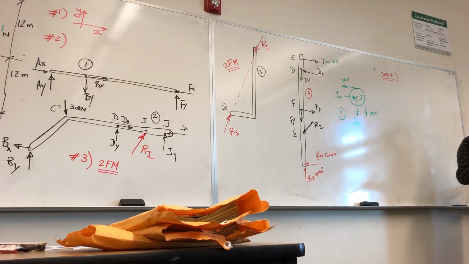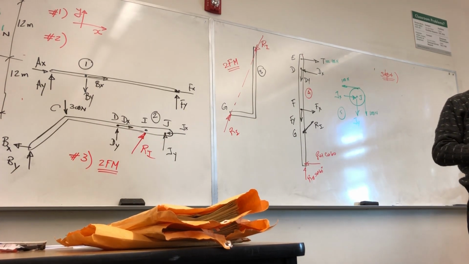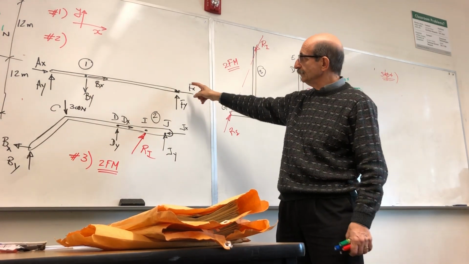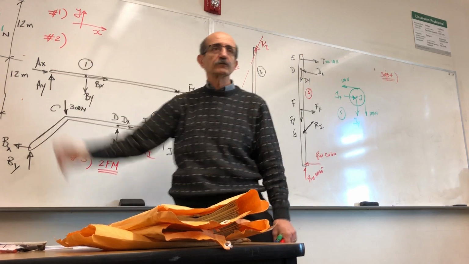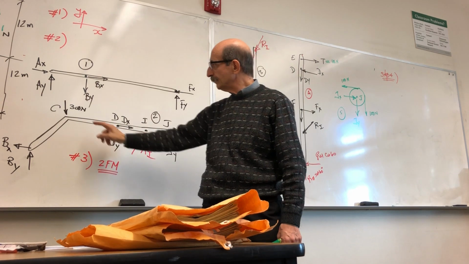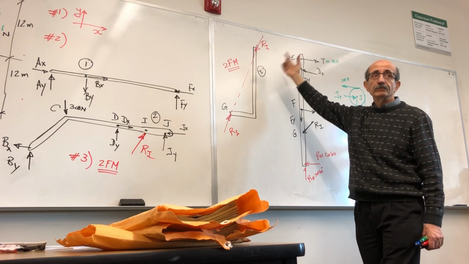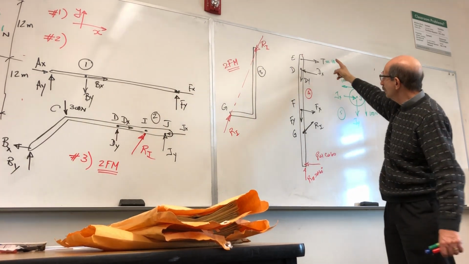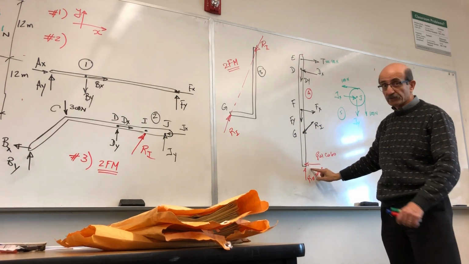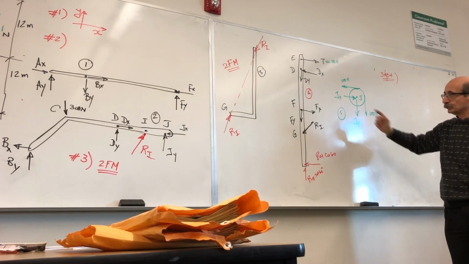You begin with a free body diagram that has the least number of unknowns. So let's look. Number 1, how many unknowns do we have here? 1, 2, 3, 4, 5, 6. Number 2, 1, 2, 3, 4, 5, 6, 7. Number 3, 1. Number 4, 1, 2, 3, 4, 5, 6. This was 1/4, right? Here, 2.